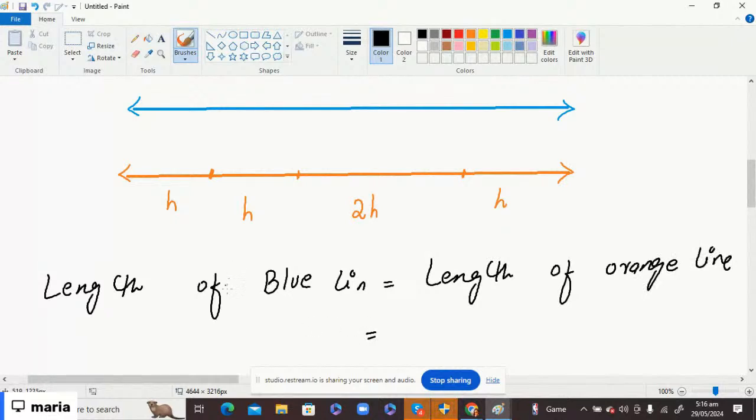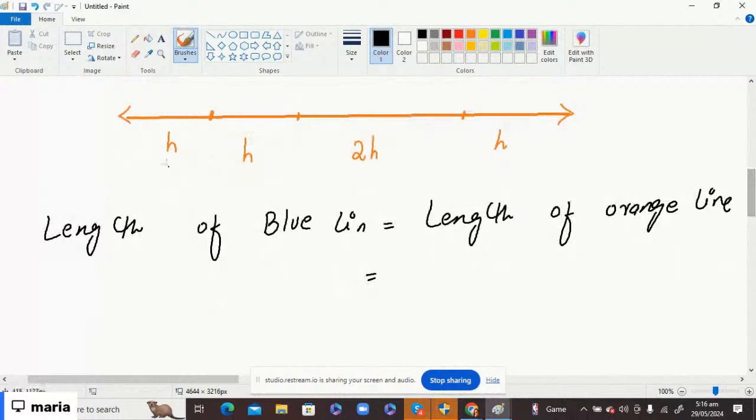Okay. Blue line length is not given. What is the length of orange line? That is in the form of segments: h, h, 2h, and h. Okay, all of it. So let's add h plus h plus 2h plus h.